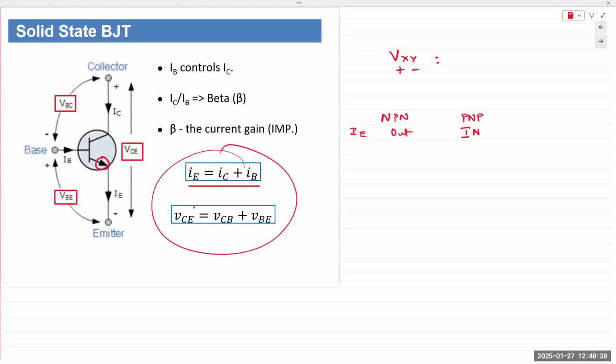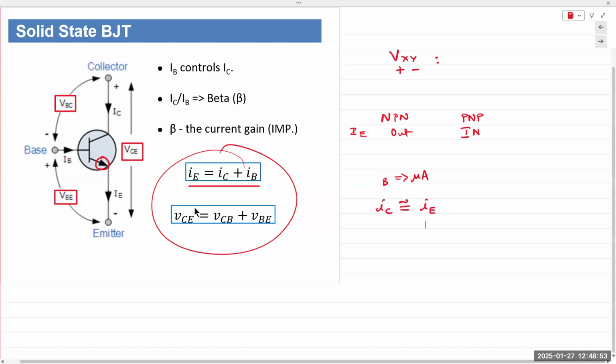So IB is very small compared to IC and IE, typically in microamps. And hence, IC is very close to IE.